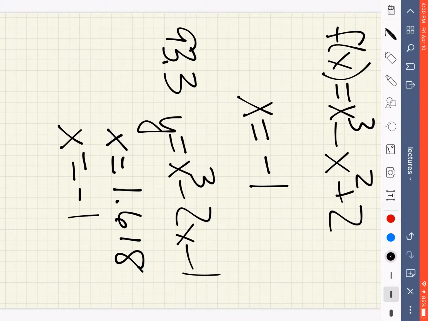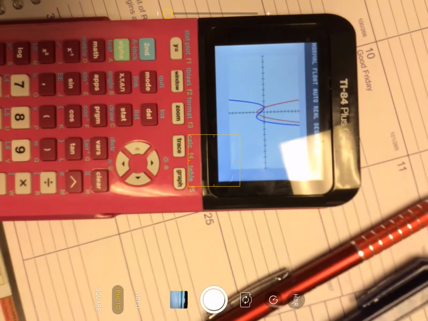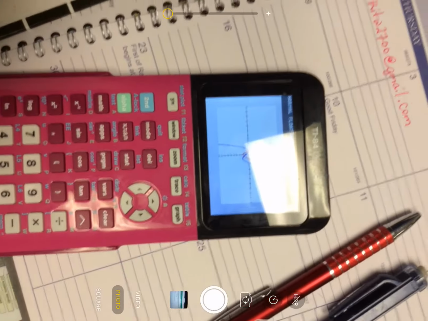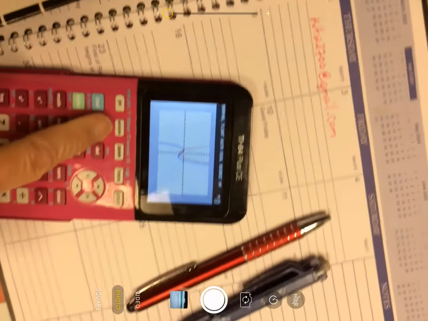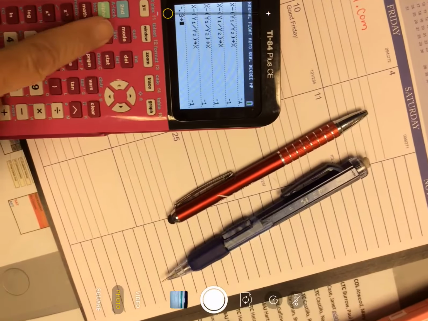Okay, so we've got the one at -1, so it looks like there's one to the right of that. Oh, it graphed the derivative too, sorry. So let's try, I don't know, -0.3. So let's say -0.3 store x.